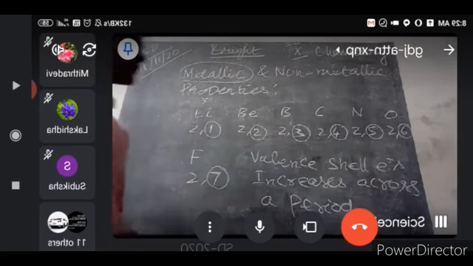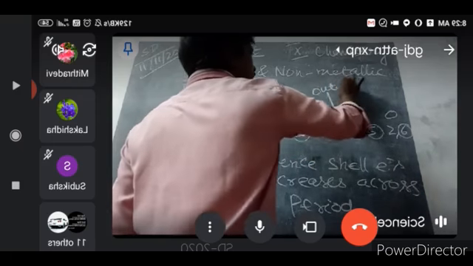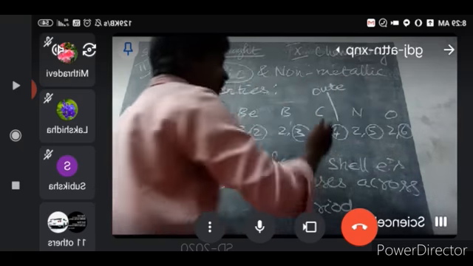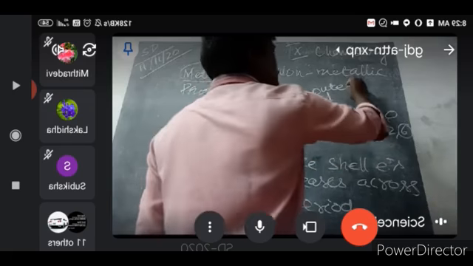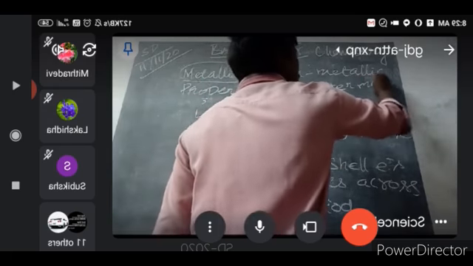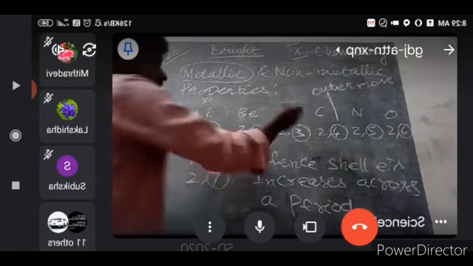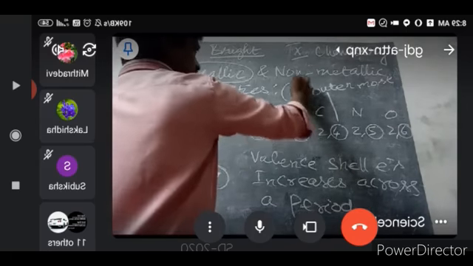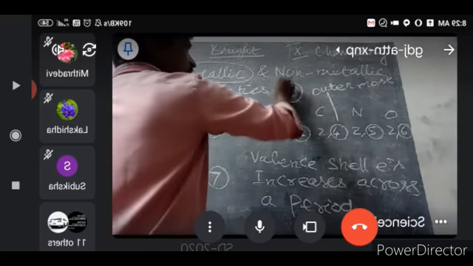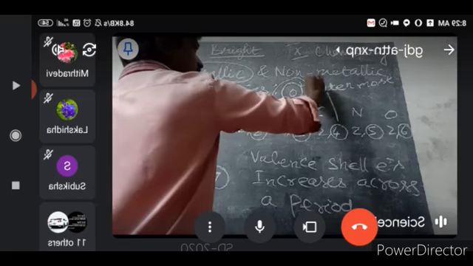Valence shell electrons, how can we decide? Whichever electrons are in the outermost shell are said to be the valence shell. The last electrons, suppose lithium is there. This one is 2 and this one is 1.